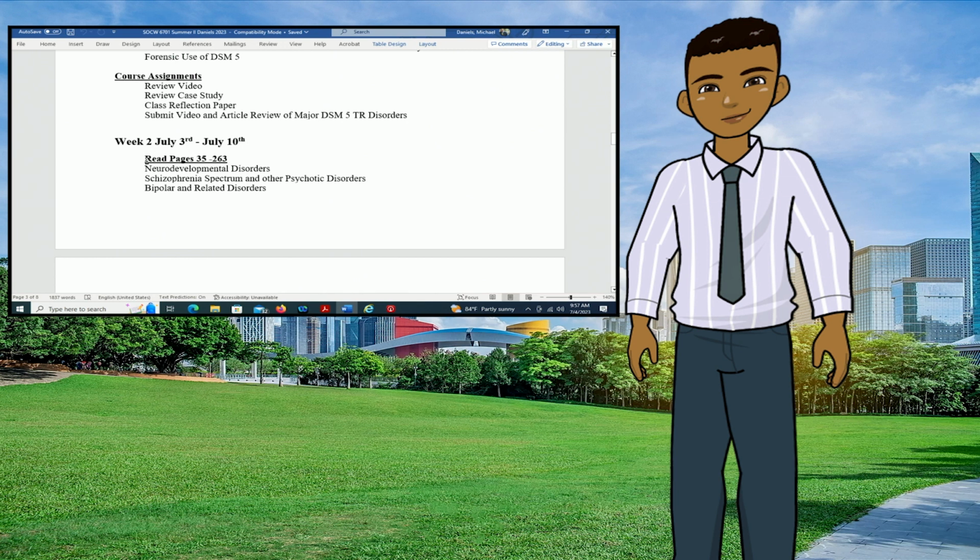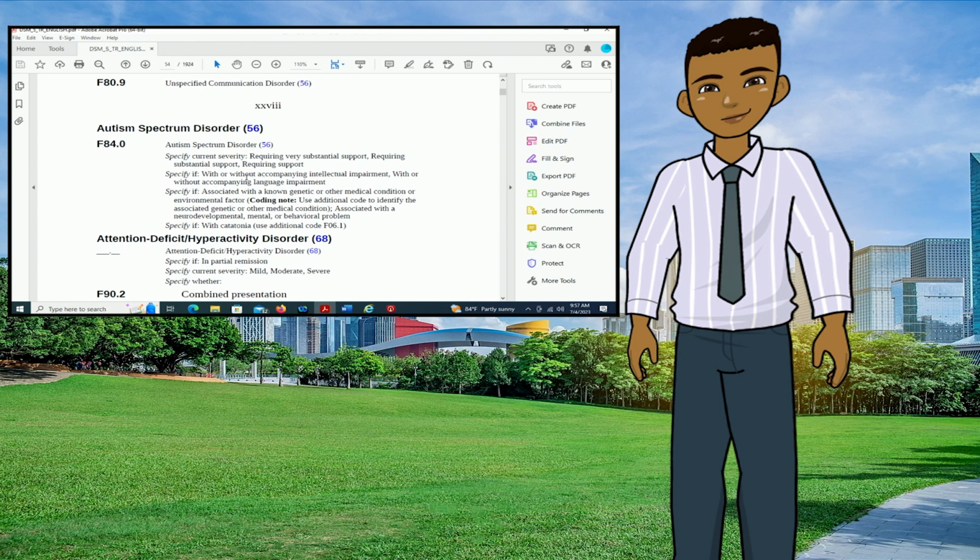When you are doing your readings, you can see that for week 2, read pages 35 to 263. I am going to demonstrate to you what I am expecting you to read and memorize, because this will be the material you will be tested on in this course. In your textbook, you can see all of the different disorders located in the table of contents.